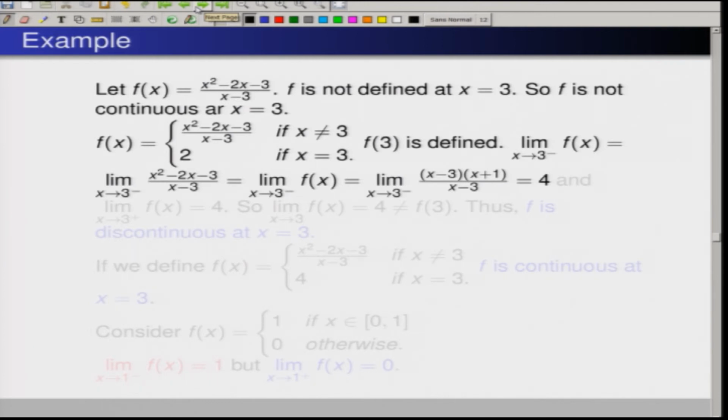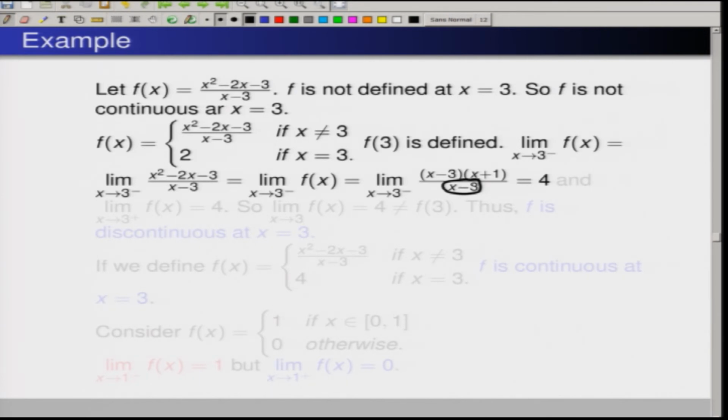So, f of x equal to (x square minus 2x minus 3) by (x minus 3). Now, remember that in order to calculate the limit, x may not be equal to 3, we do not need that condition.